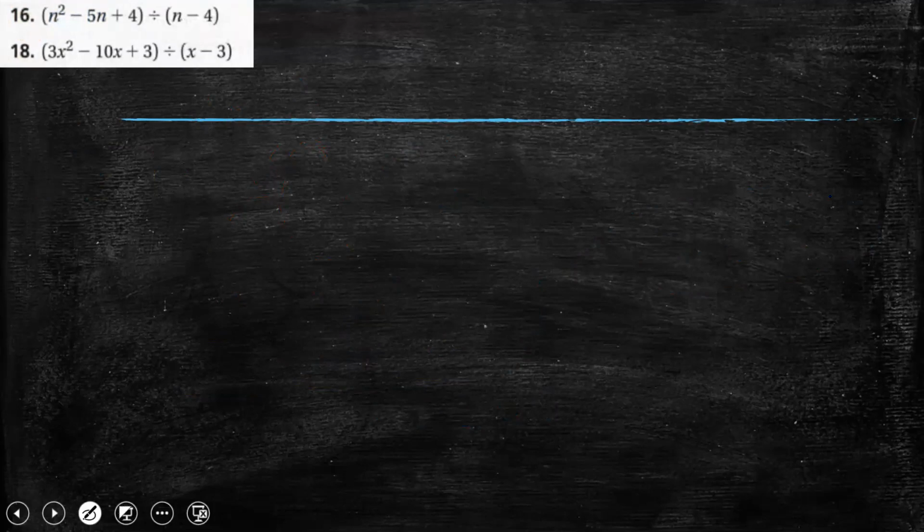N squared plus 5n minus 4 over n minus 4. Now don't forget, when you divide on the first term, when you multiply, you multiply with the whole term.